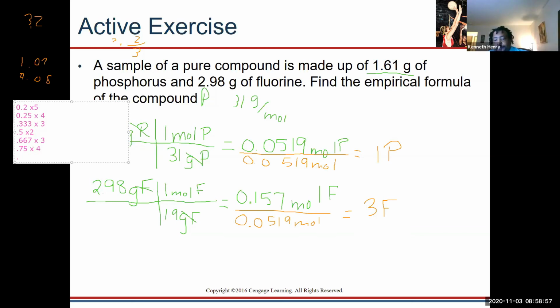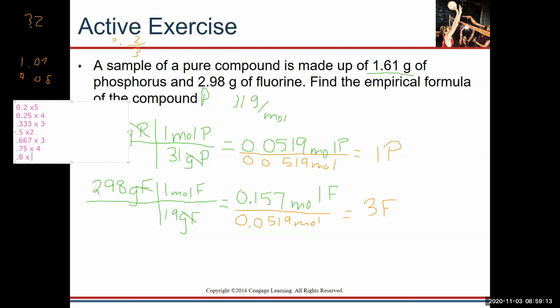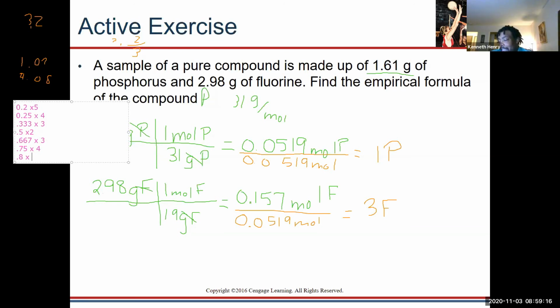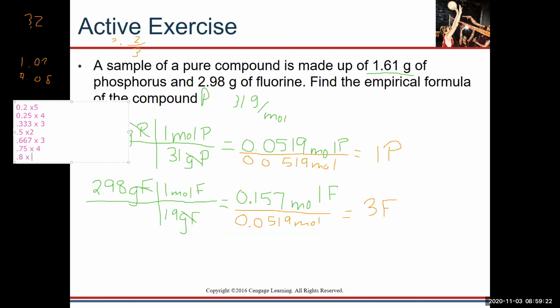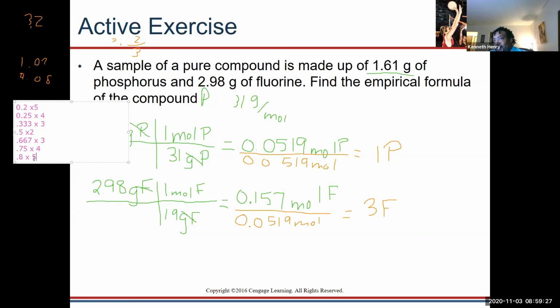And 0.8, the smallest I can multiply it by is 5. You see the trend? 2, 3, 4, 5.